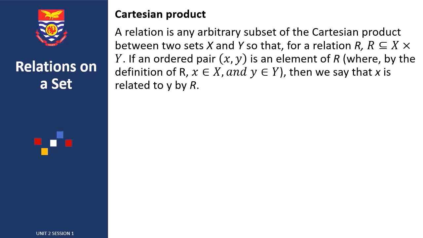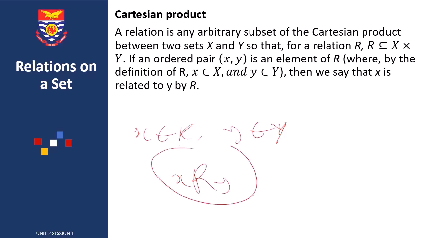A relation is any arbitrary subset of the Cartesian product between two sets X and Y. So for relation R, R is a subset of X cross Y. If the ordered pair (x, y) is an element of R, where x is a member of the big X and y is a member of the big Y, then we say that x is related to y by R. Normally we write it like this: x is related to y by R. We're learning how to write a relation in the subsequent session. Good. So that is the Cartesian product.